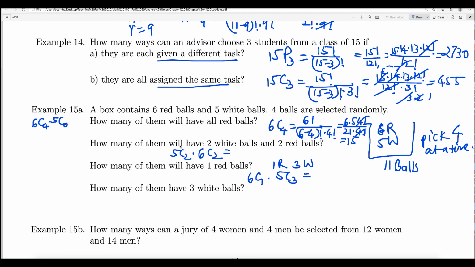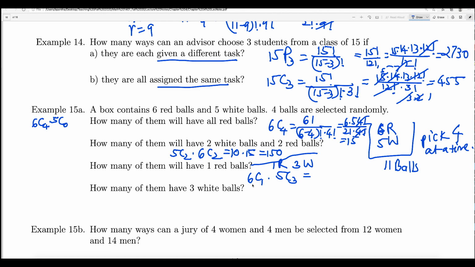So 5C2 will be 5 factorial over (5 minus 2) factorial times 2 factorial. Okay, so that will be 10. So it will be 10 times, that will be 15, right? 10 times 15, that will be 150. So 150 of those selections will have 2 white balls and 2 red balls.